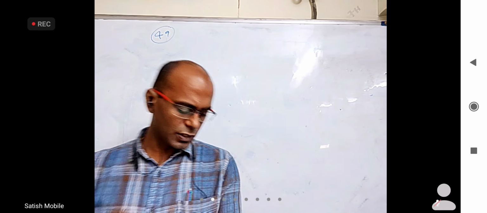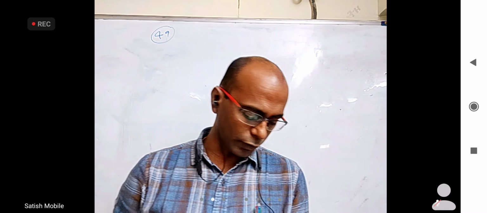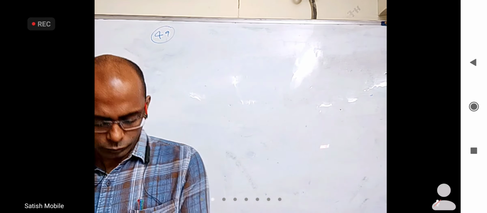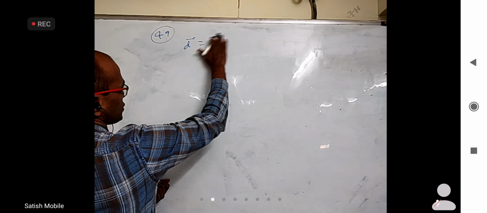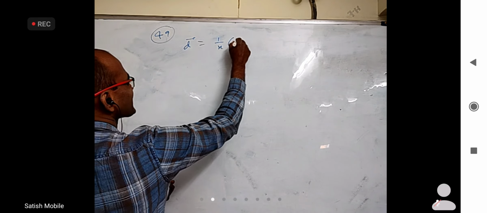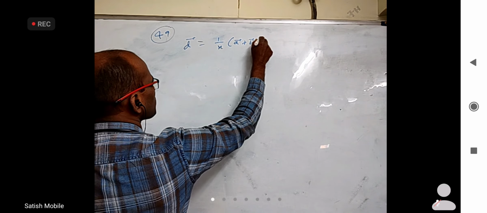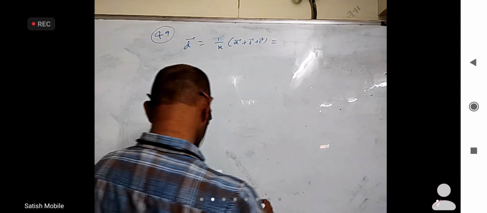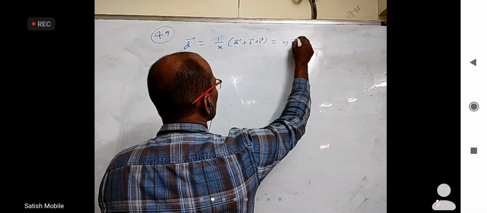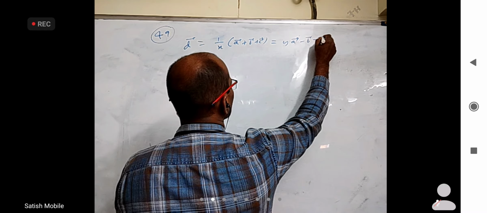Here the thing is, we know that A, B, C are non-coplanar, but we don't know anything about D. So better eliminate D here. D bar, according to one equation, it is 1 by x times A bar plus B bar plus C bar. From the other side, D bar is y A bar minus B bar minus C bar.